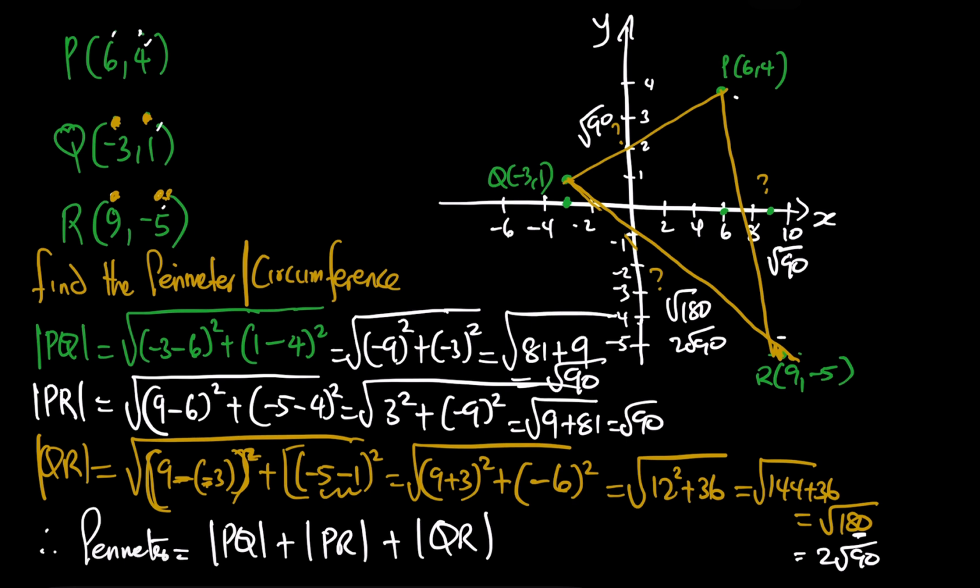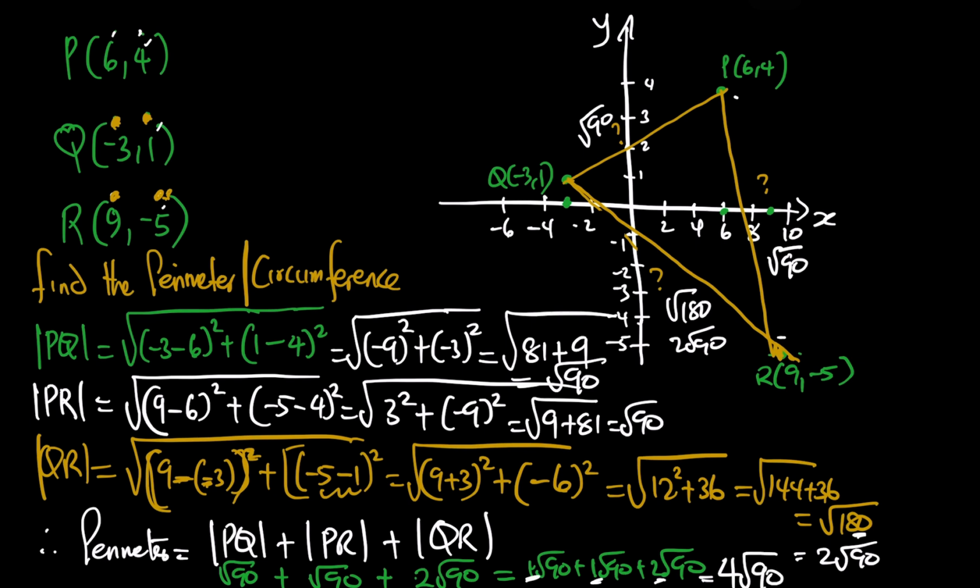So that PQ is square root of 90, PR is also square root of 90, plus QR, which is 2 square root of 90, which means that knowing our surds, this is the same as 1 square root of 90 plus another 1 square root of 90 plus a 2 square root of 90. So we're going to add 1 plus 1 plus the 2, and that gives us 4, and then we maintain the square root of 90. And then that's going to be our final answer.